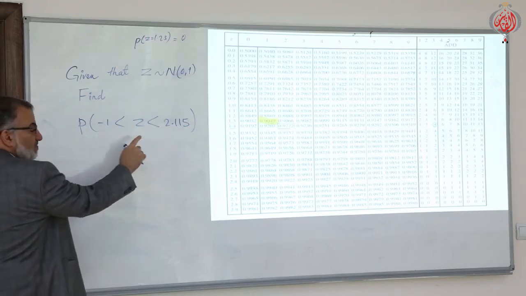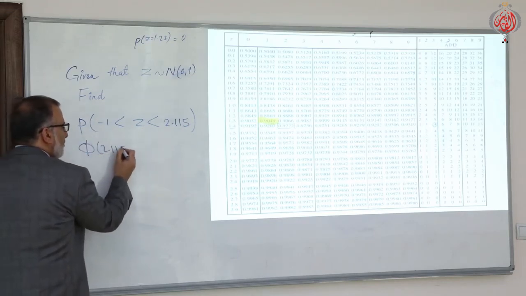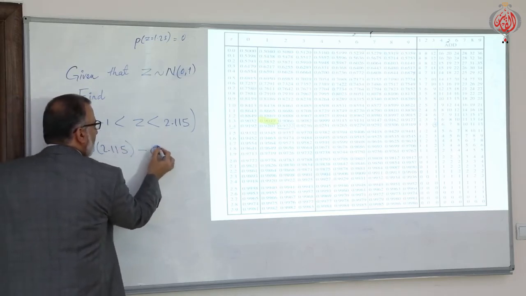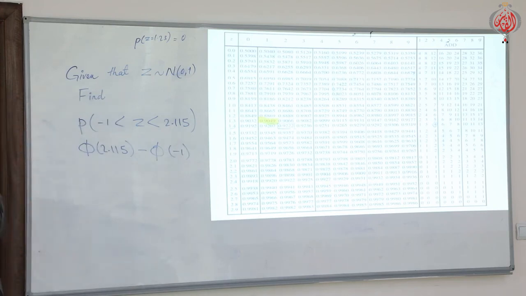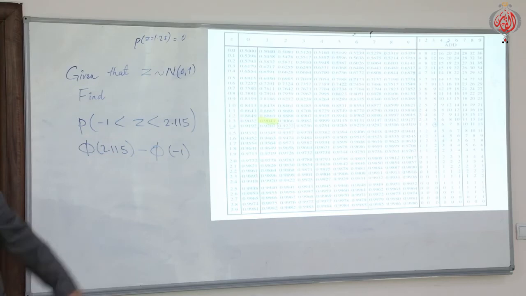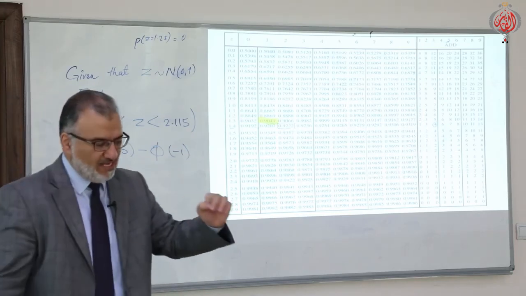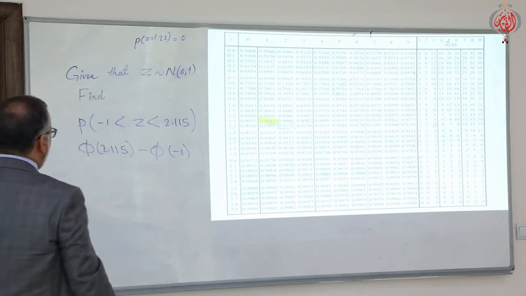How to solve it? We will say phi of 1.5 minus phi of -1. This is positive, 1.5 positive. I can get the answer directly from the table.